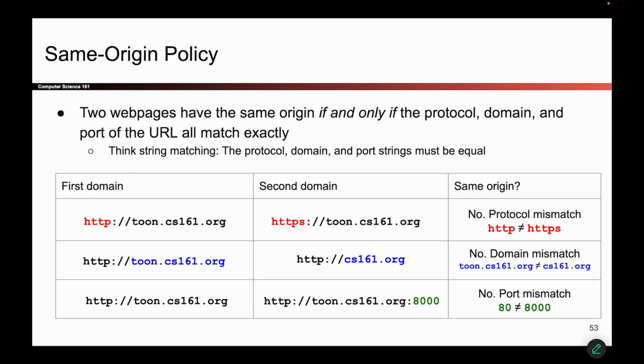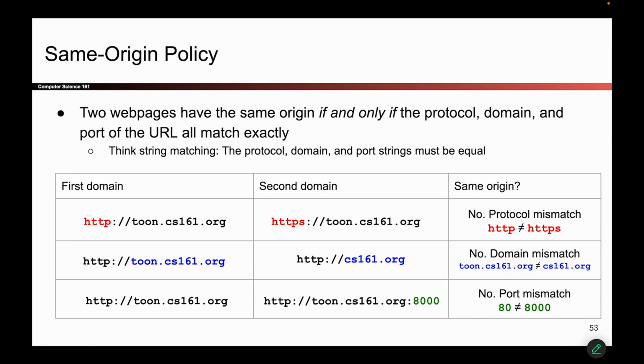It's basically string matching. So all you have to do is take your 2 domains, say here's a domain and here's another one. You compare the protocols. If they match exactly, that's good. Then you compare the domains. If they match exactly, that's good. Then you compare the ports. And if they match exactly, that's good. If all 3 of them match, we say that the websites have the same origin.